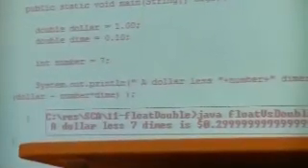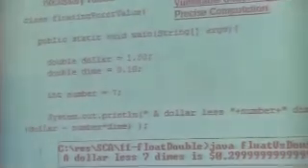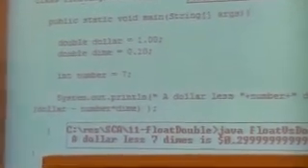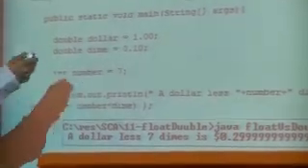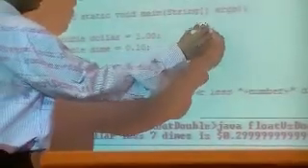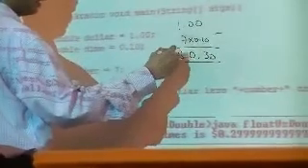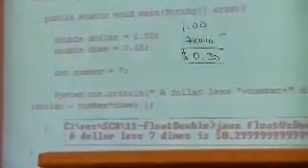And I have 7 dimes, so I want to subtract the dollar value minus 7 times the value of a dime. So $1 minus 7 times 0.10. I want to get what? 30 cents. This is what I want.